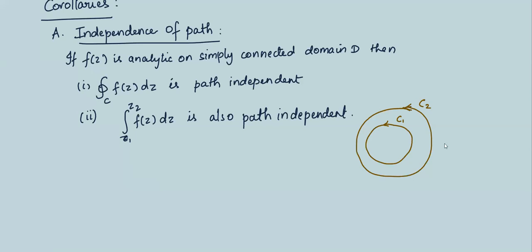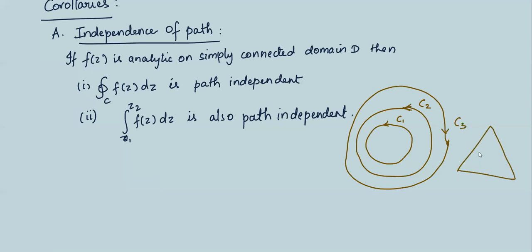And let's say there is C3. It need not be a circular path. It can be any closed path. It can be C4, a triangular path.